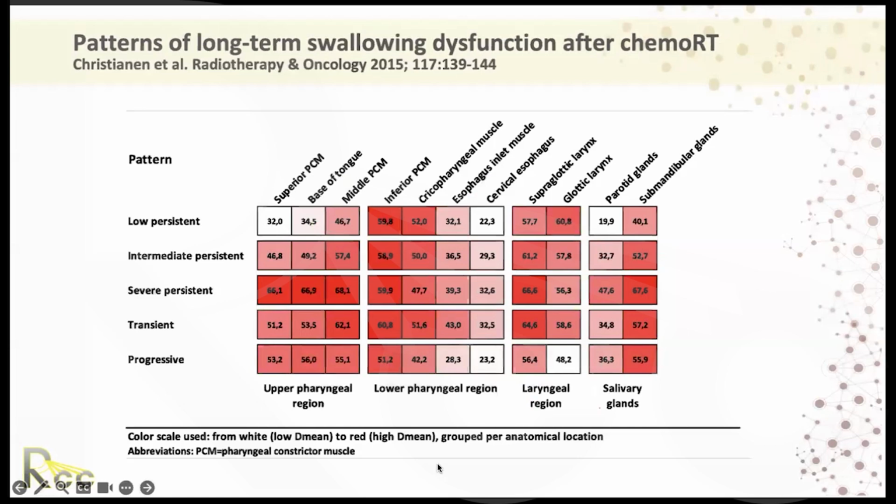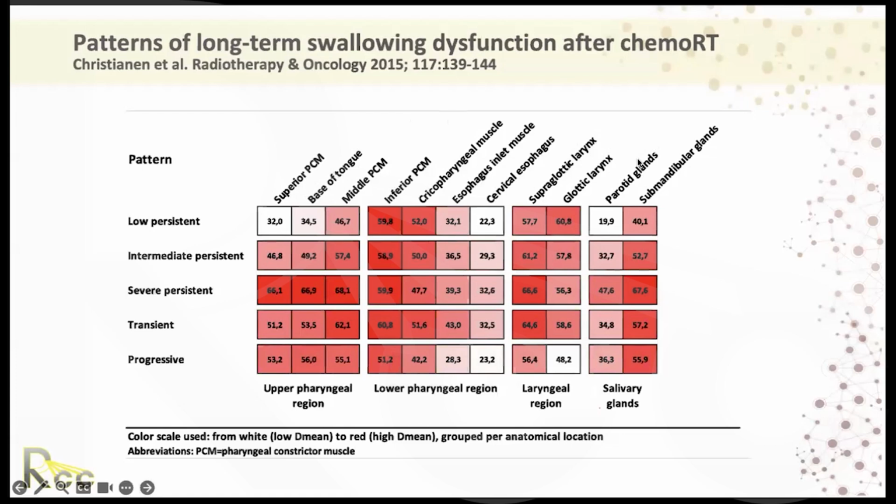This is basically a heat map showing what predicted the likelihood of severe persistent or progressive dysphagia. You can see these are all the structures we're going to talk about as we talk about organs at risk: constrictor muscles, base of tongue region, supraglottic and glottic larynx, and salivary glands.